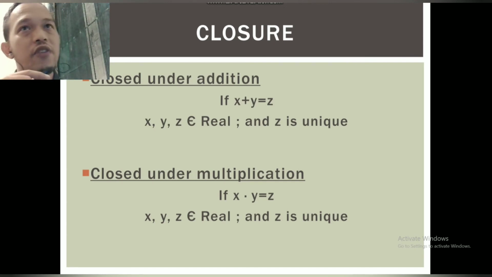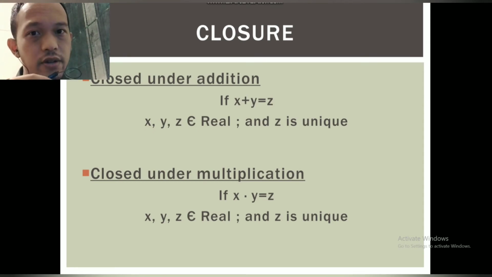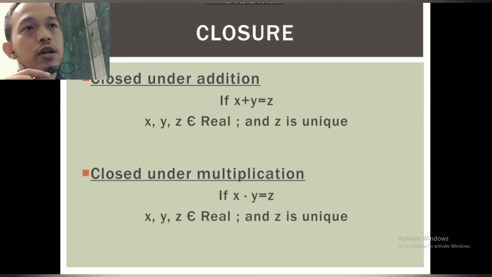For example, if I multiply 5 times the square root of 5, 5 is a real number and the square root of 5 is a real number. The result, 5 square root of 5, is another real number, and it is the only answer. There will be no other answer. That is closure under multiplication.